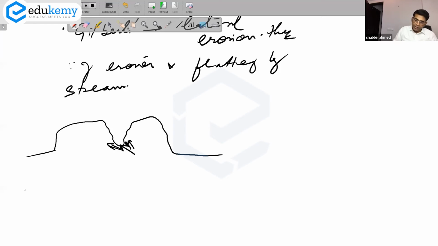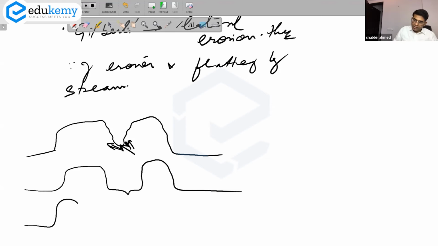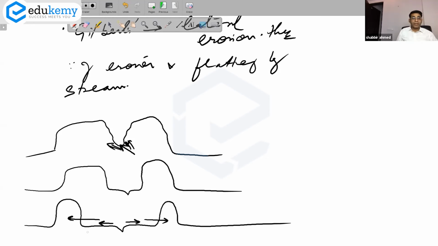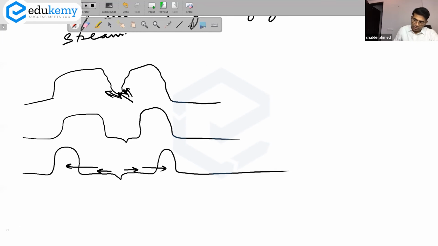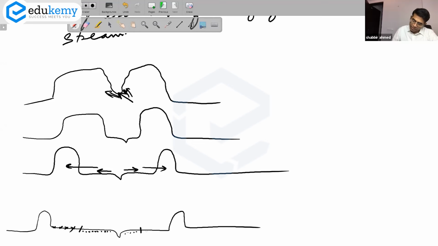So this kind of becomes this. The river is eroding laterally. This is the work of erosion and flattening by the streams. And in the process, this becomes something like this. There is a deposition zone near the river, and there is an erosional surface beyond. So they have become two parts now.